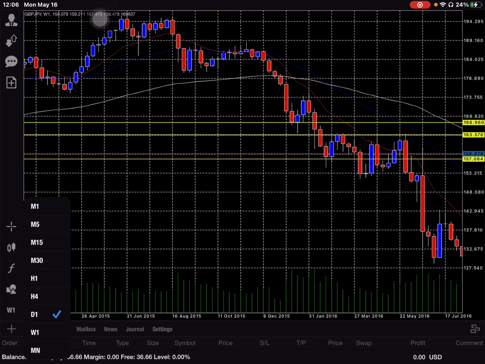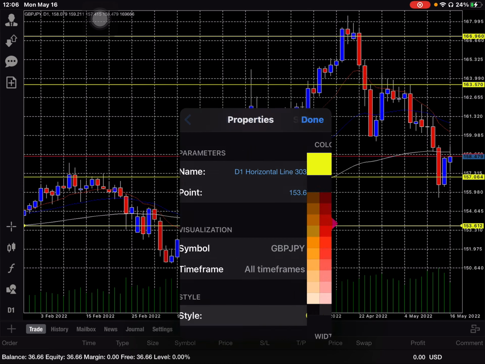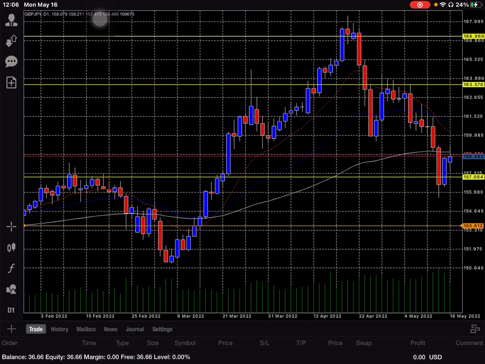So I'm going to go to my daily, and on my daily I'm doing orange lines. Let me do this here. Done. So I'm looking here again. We're looking at some resistance.